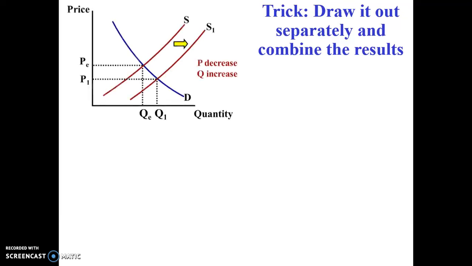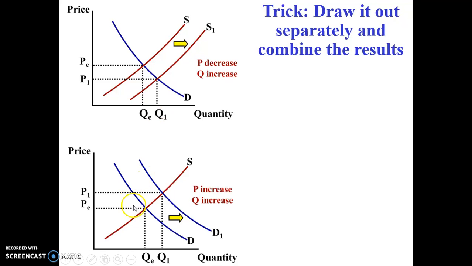All right, so here's a good trick. Draw it out separately and then combine the results. So here's what I mean. First, you have the initial equilibrium point right here, and then the supply increased. And so we know that the price went down and the quantity went up. But let's draw demand now. In this situation, demand shifted to the right and the price went up and the quantity went up.